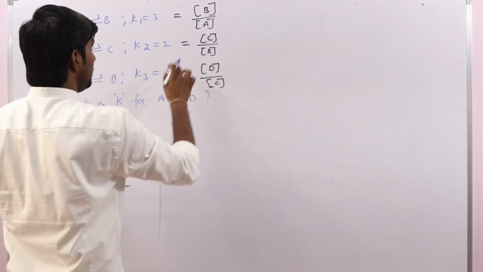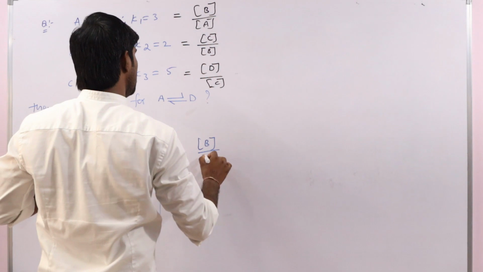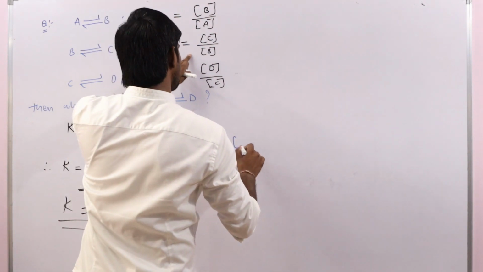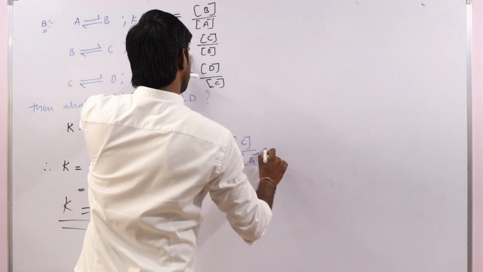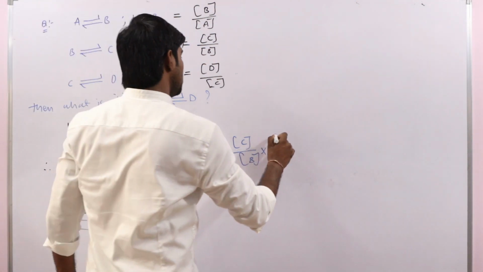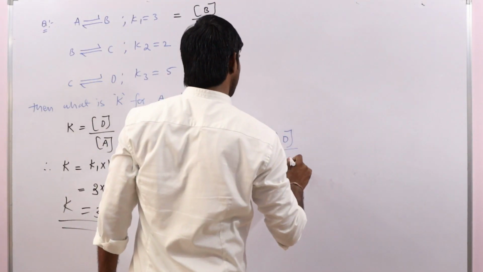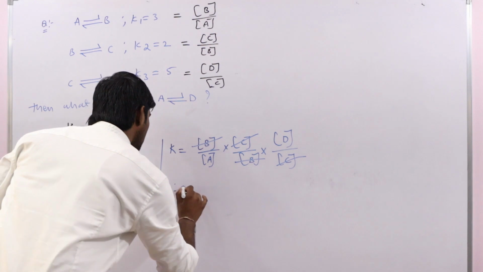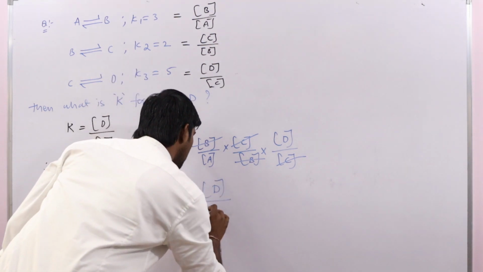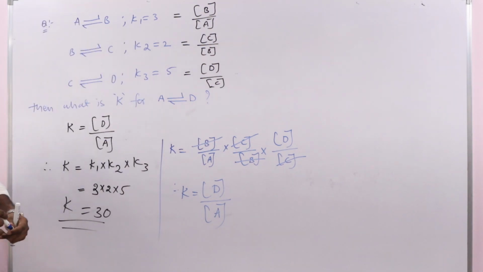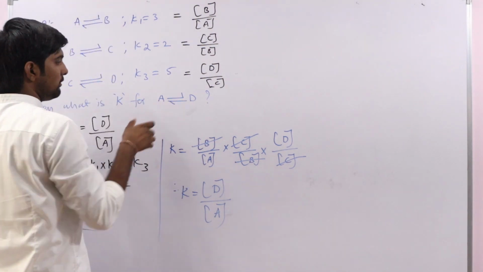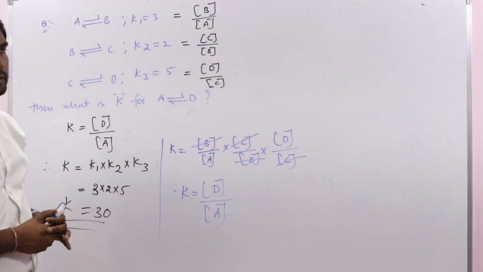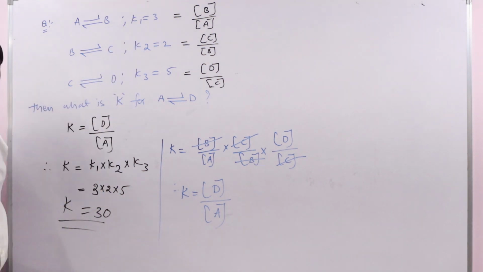K1 is concentration of B by concentration of A, K2 is concentration of C by concentration of B, and K3 is concentration of D by concentration of C. B gets cancelled, C gets cancelled, so overall K equals concentration of D by concentration of A. So to calculate the equilibrium constant, see how the reaction comes from adding these three reactions, and simply multiply their equilibrium constant values.